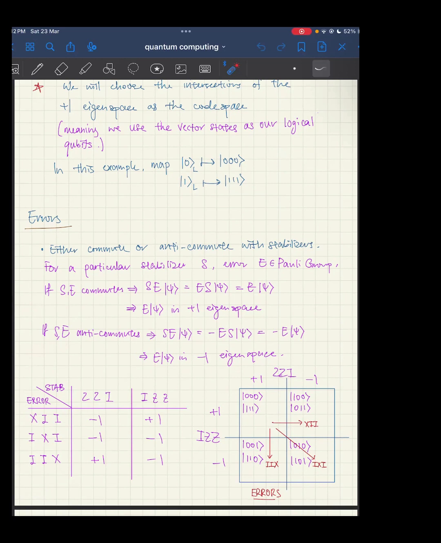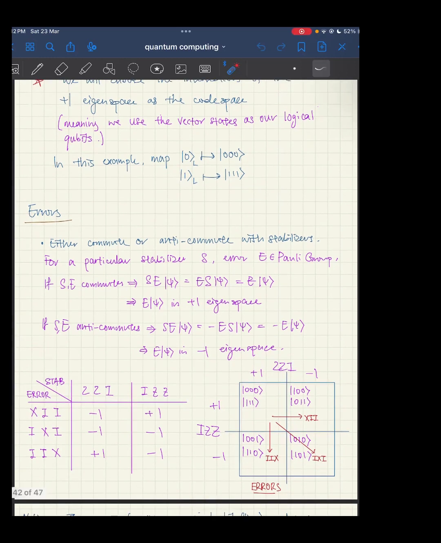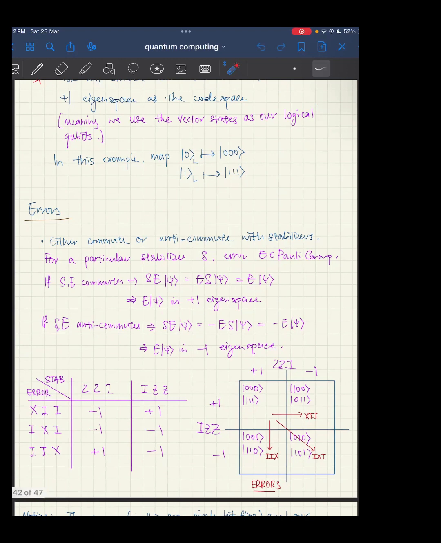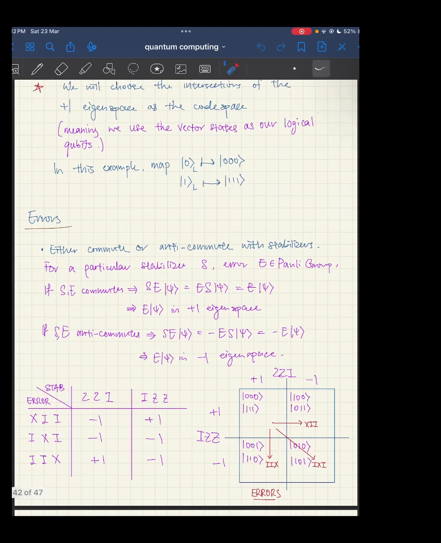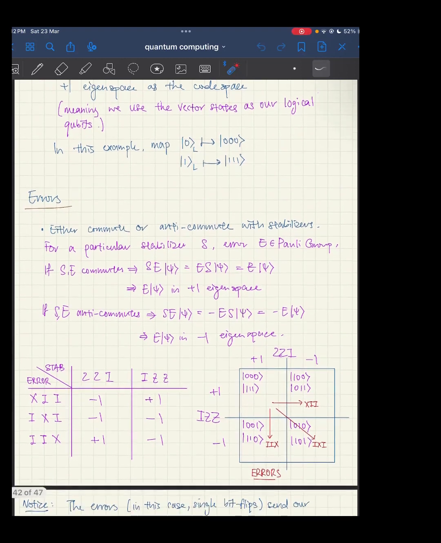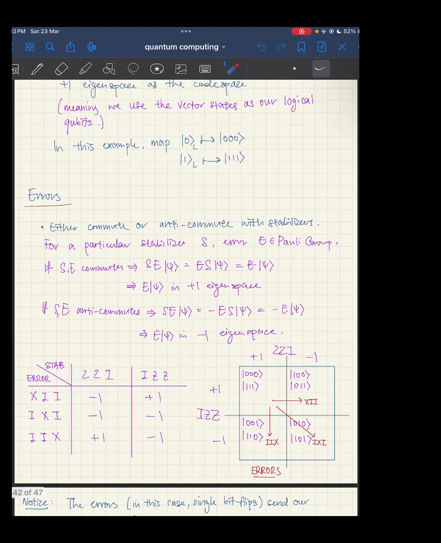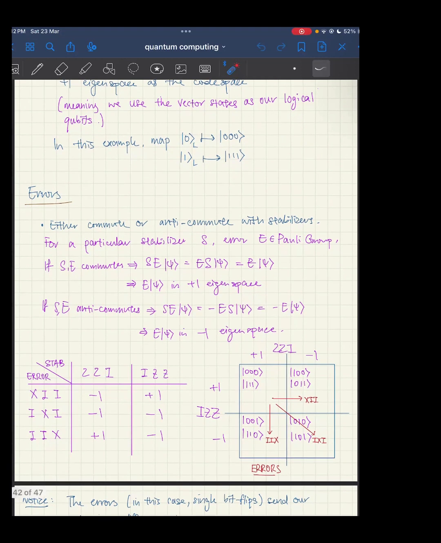So we take the example from earlier, where we are considering bit flip errors. It turns out that ZZI and IZZ is a good choice of stabilizers for single bit flip errors. Let's look at the table over here on the left. We consider a single bit flip error on the first qubit, which is basically XII.